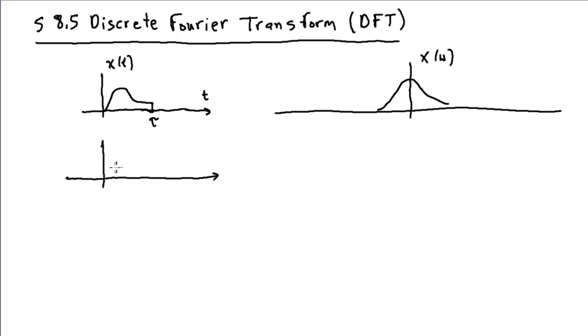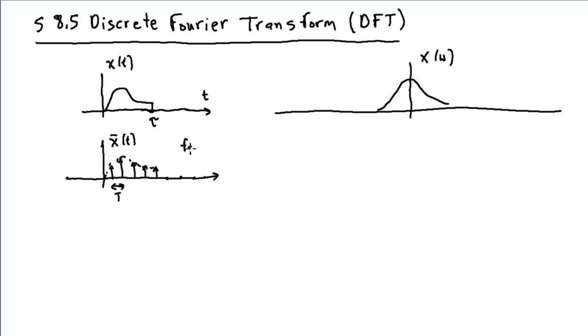I know that sampling x of t, so again, let me draw the general shape of x of t here as a dashed line, and I'm going to sample this. I'll use ideal sampling in this case, where my samples are capital T apart, and we call this x bar of t, my ideally sampled signal.